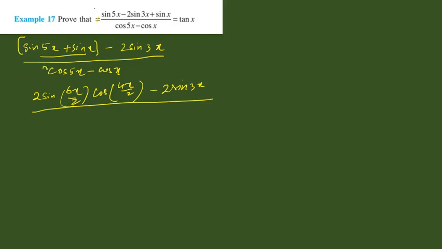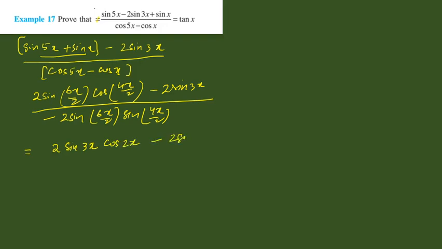Upon here we are going to apply cos C − cos D, that is −2 sin((5+1)x/2), 6x/2, and then again sin((5−1)x/2), 4x/2. So finally what I'm going to get is 2 sin 3x cos 2x − 2 sin 3x in the numerator, and in the denominator −2 sin 3x sin 2x.